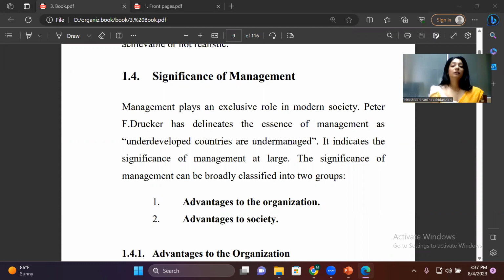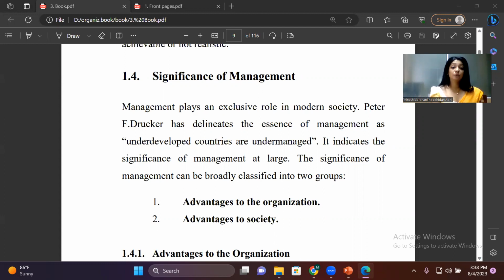So the definition you have to remember, and the functions you should be able to explain briefly: planning, leading, organizing, and controlling, and how these things can be significant. What is the significance of management for organizations and for society?